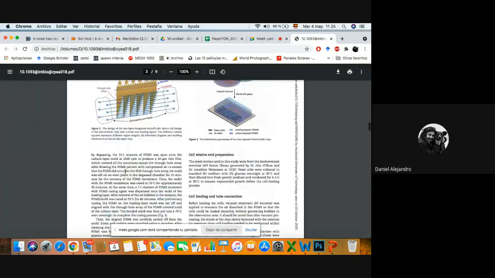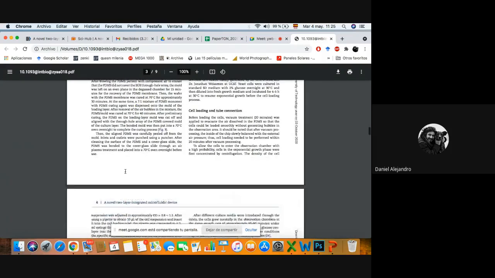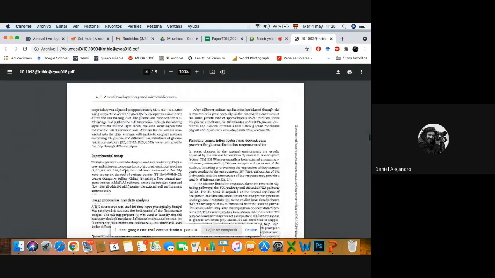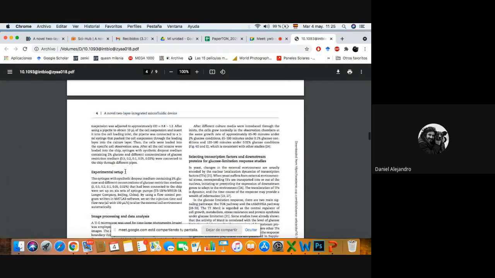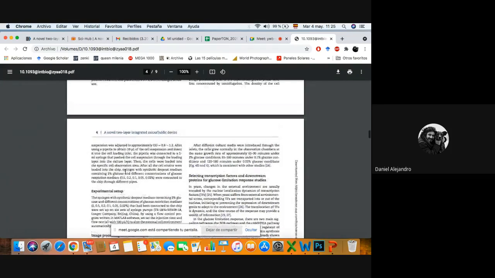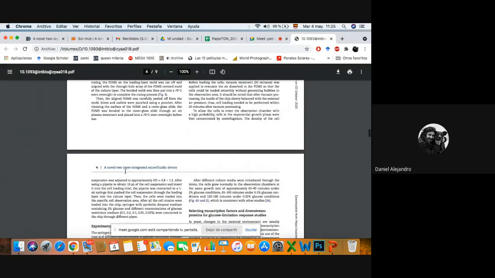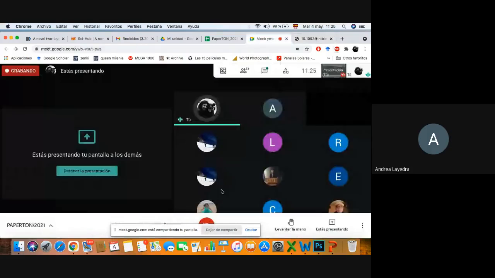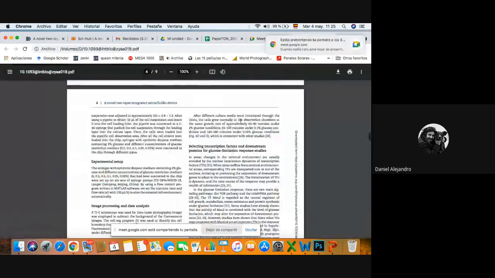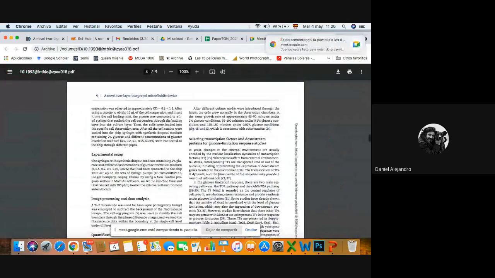What were the conditions? The conditions were different concentrations of glucose, because when you have a lower concentration of glucose, you stress the yeast, and then they express different markers.